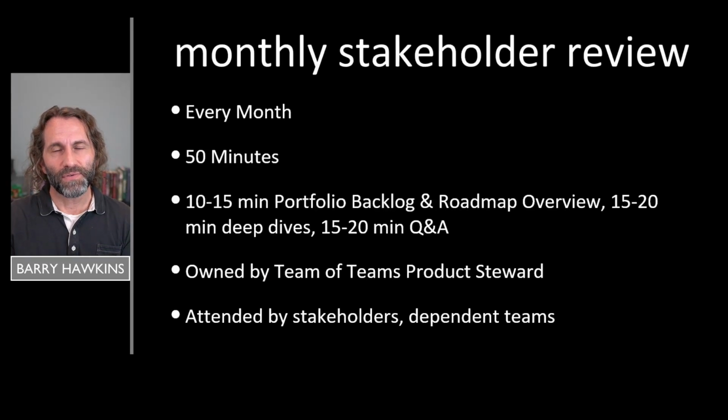The monthly stakeholder review, as the name implies, is intended to occur on a monthly cadence with a duration of 50 minutes, and typically formatted with the first 10 to 15 minutes being a review of the current state of the portfolio backlog and portfolio roadmap for this Team of Teams unit, followed by 10 to 15 minutes of deep dives on key initiatives that are currently moving through the team, and then ensuring to budget at the end for 15 to 20 minutes for Q&A so that stakeholders and interested parties can ask clarifying questions about the material that they've seen. This meeting series is typically owned by the Team of Teams product steward.